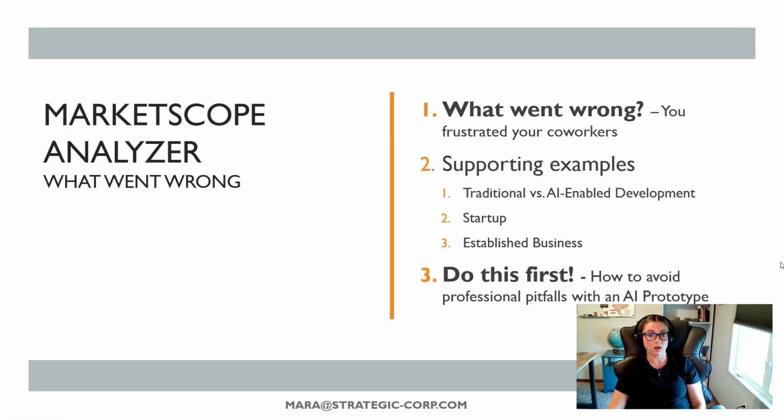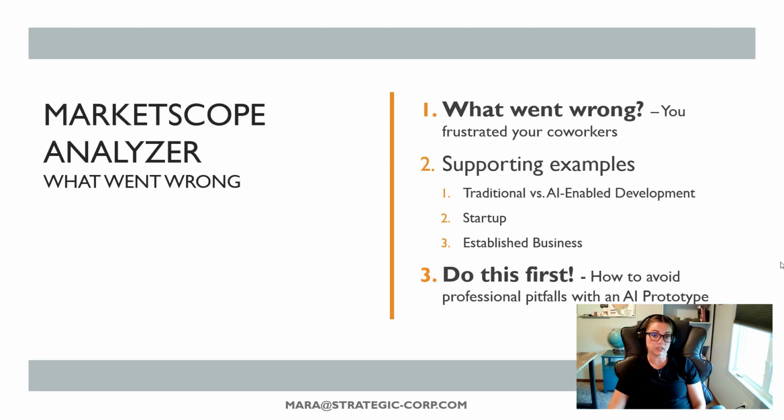Let's talk about what went wrong. What went wrong here really was that I frustrated my coworkers by demonstrating the Market Scope Analyzer application without giving them appropriate forewarning. So we're going to talk about what we can do about that in this talk today. I'm going to give you some supporting examples. We're going to talk about traditional versus AI-enabled development and where I missed some pieces.